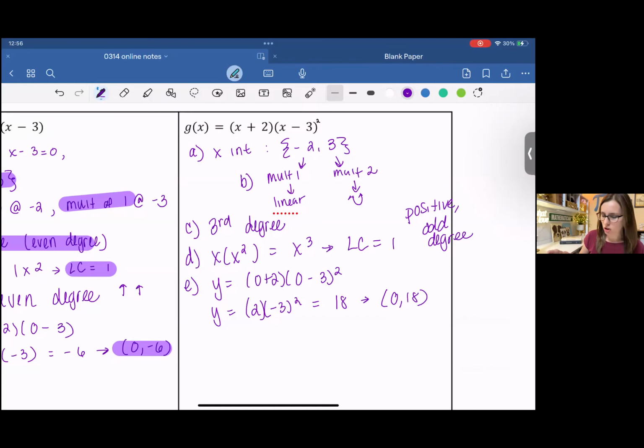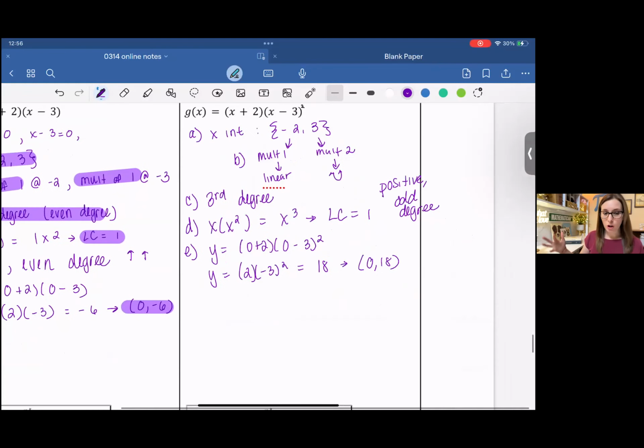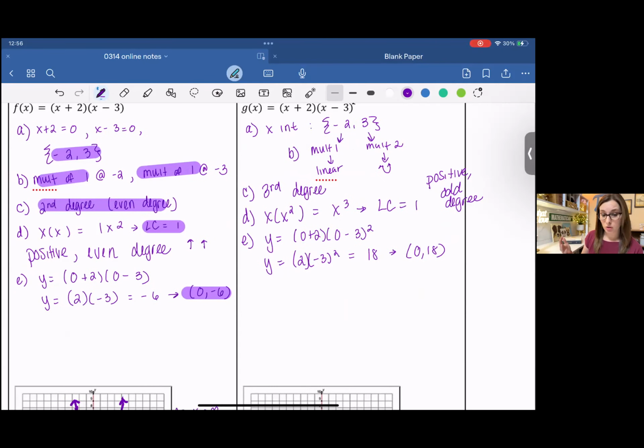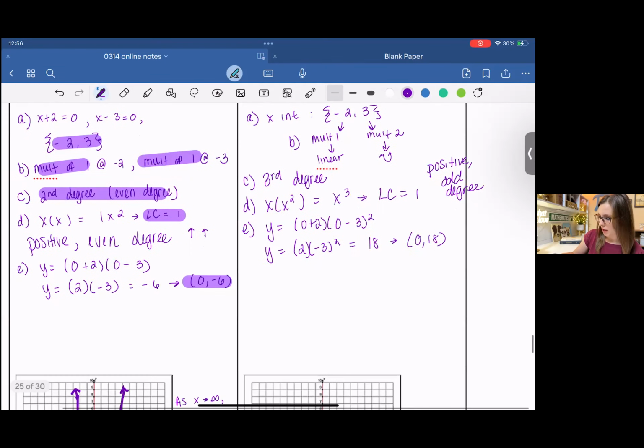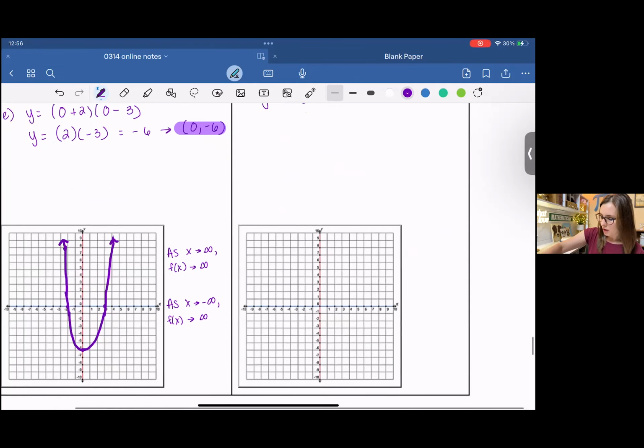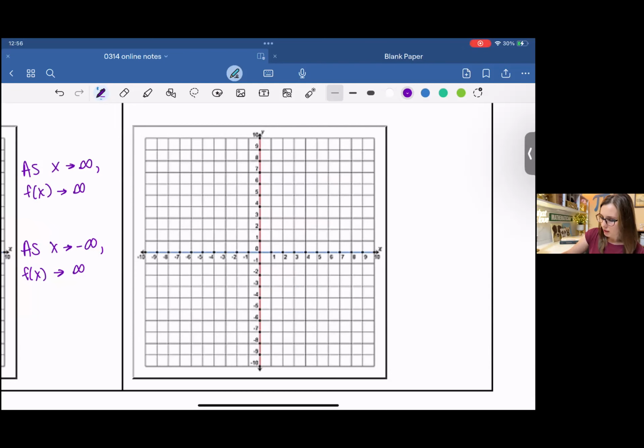It's just a sketch. So now let's put all of our pieces together and graph the function, then describe the end behavior. So I still have x-intercepts at -2 and +3. My end behavior was a positive coefficient, odd degree.